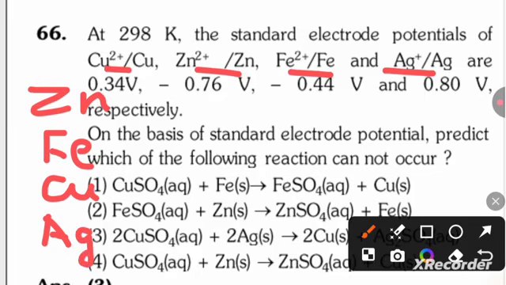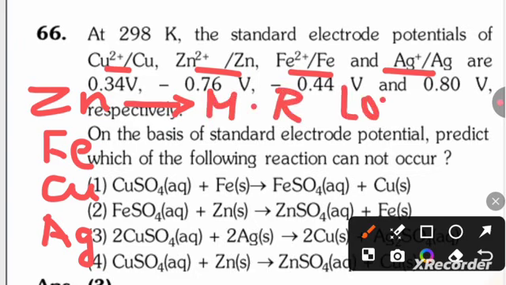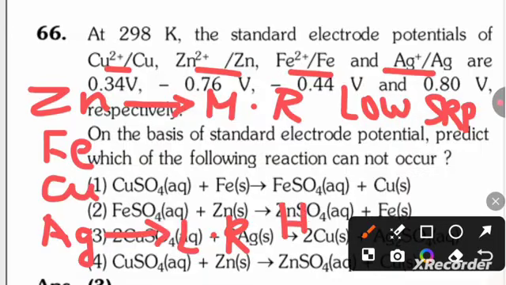The metal at the topmost position is more reactive, and the more reactive metal will have a low standard reduction potential. You can see in the question itself, zinc has the lowest standard reduction potential among the given options, and silver is at the bottom of the electrochemical series. It is less reactive and has a high standard reduction potential of 0.80 volt.